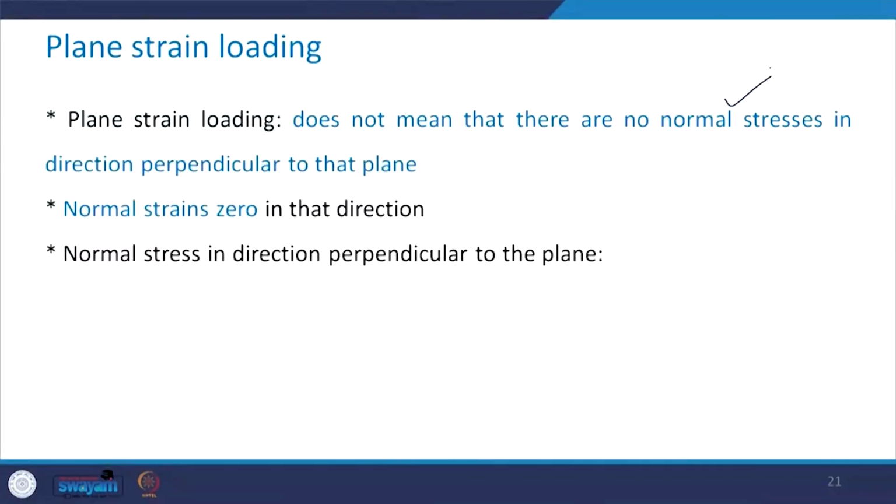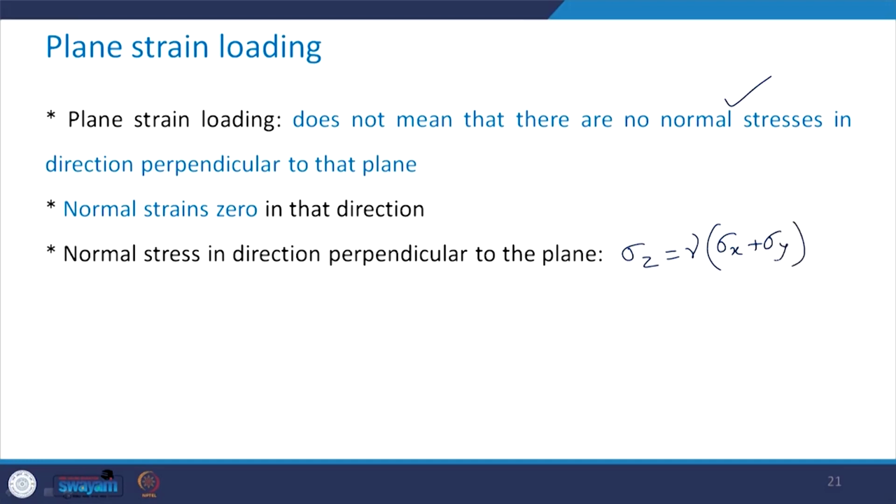Normal strains are going to be 0 in that direction, but not the normal stresses. So, what is going to be the normal stress in the direction perpendicular to the plane? That will be given as sigma z equal to nu times (sigma x plus sigma y).